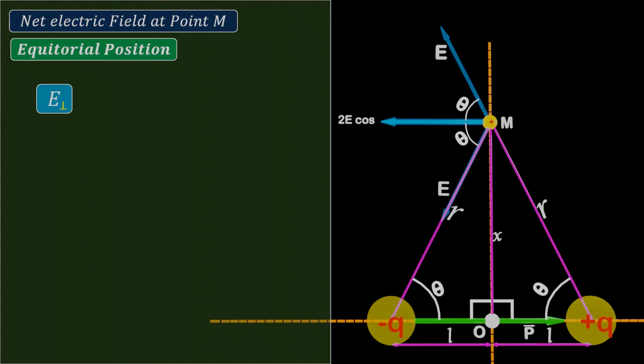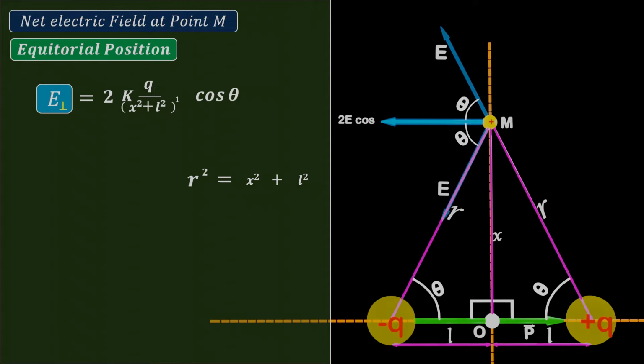Now, we can equate this to 2E cos theta, where E is equal to kq by r square. Using the Pythagoras theorem, we know that in a right angle triangle, r square equals x square plus L square. Let's substitute this value into our equation.